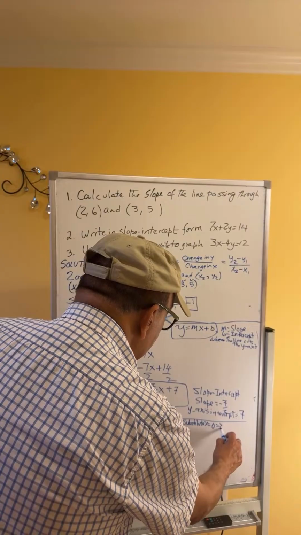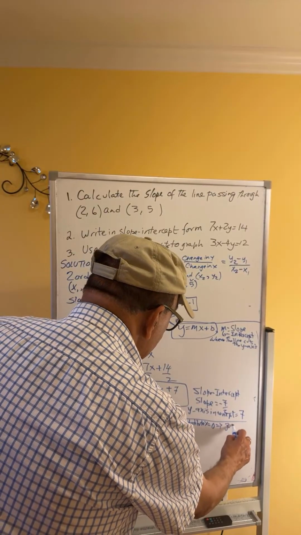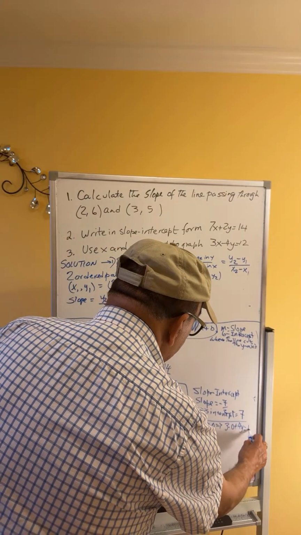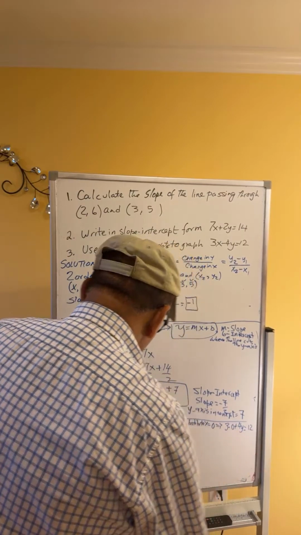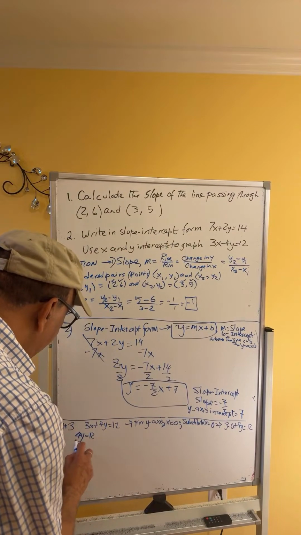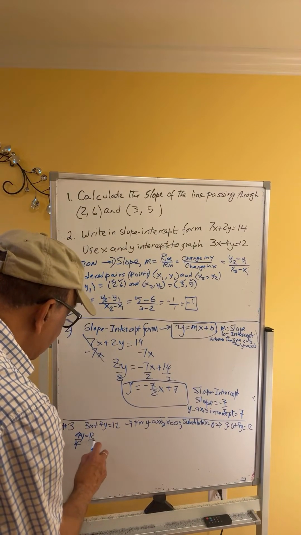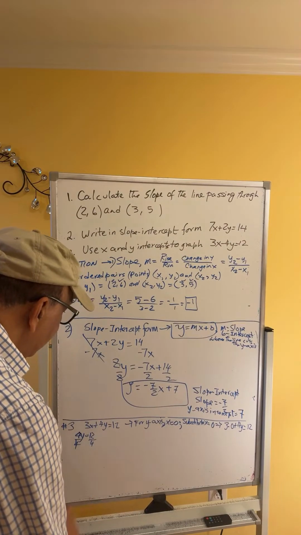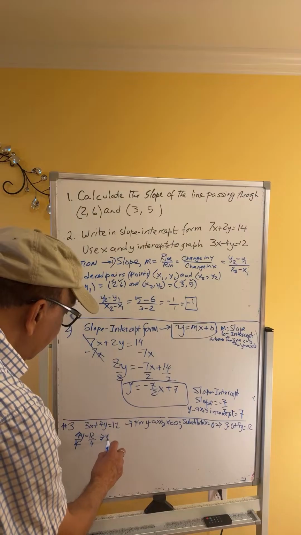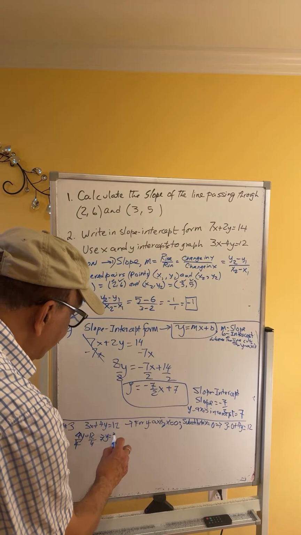It reduces to 3 times 0 plus 4y equal to 12. So 4y equal to 12, divide by 4 on both sides, which reduces to y equal to 3.